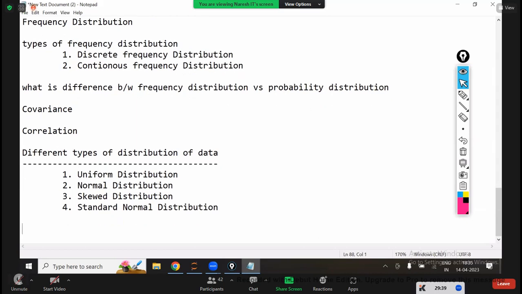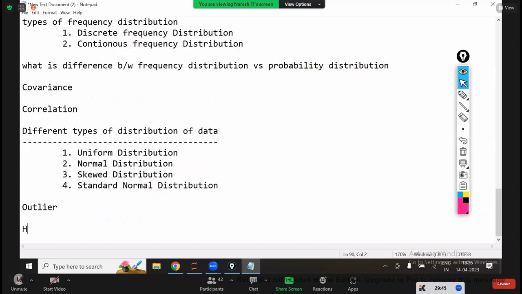And next, we have discussed what is an outlier. Finally, what are outliers and how to identify outliers, or how to calculate the outliers for a given data set.